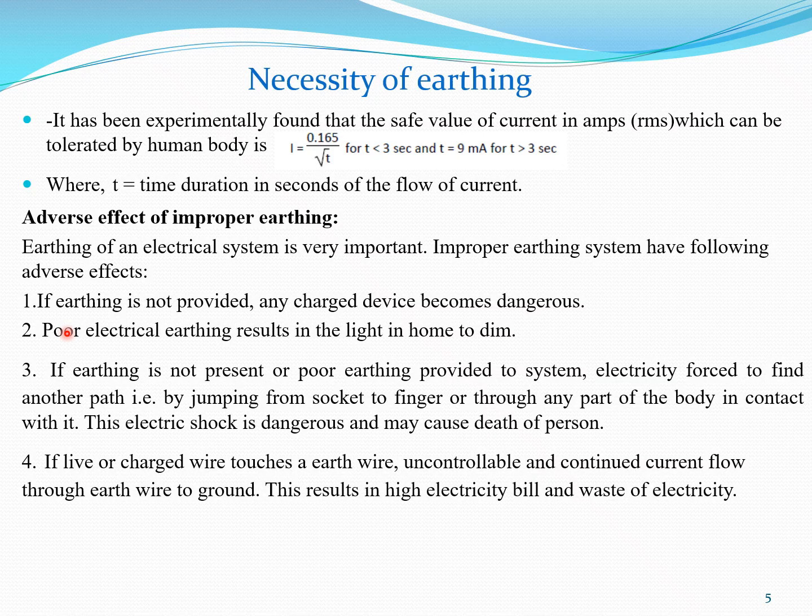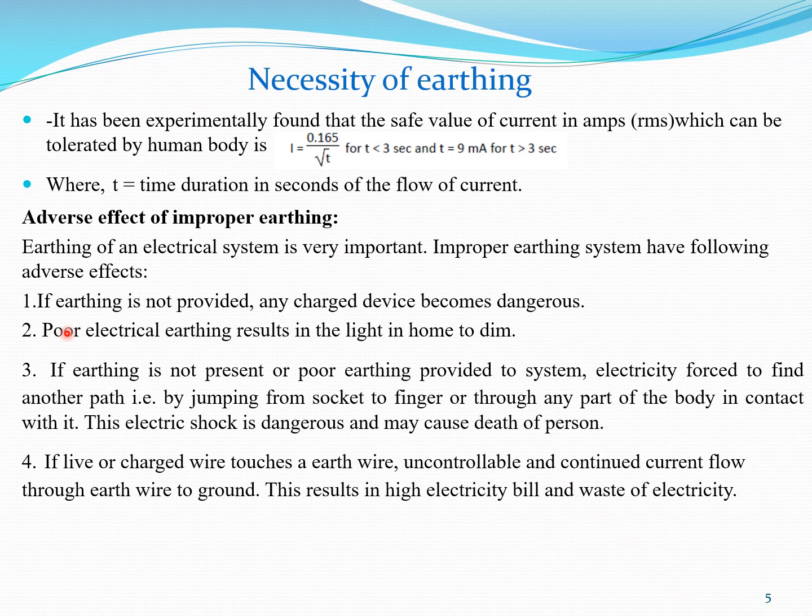At that time, whatever earthing system is provided to our home, we pour water or add a mixture of charcoal and salt to that earthing system, so that its resistivity decreases, resistance decreases, conductivity increases, and then your lamp will glow brightly. That means a poor earthing system also results in lights in the home dimming.